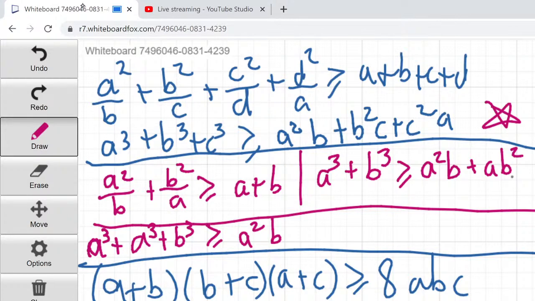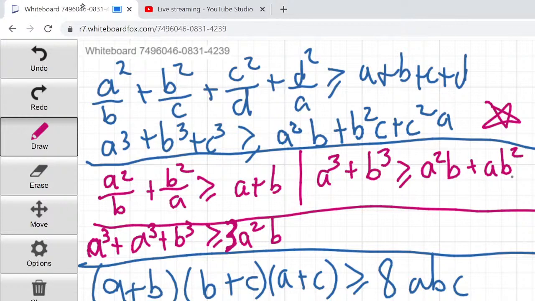Can you see that 2a cubed plus b cubed is greater than or equal to 3 a squared b?